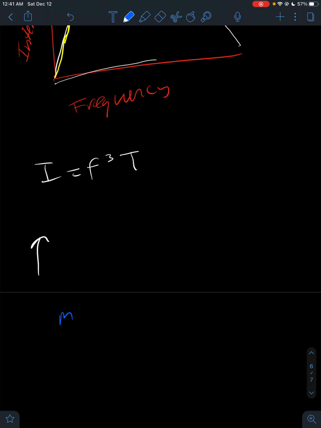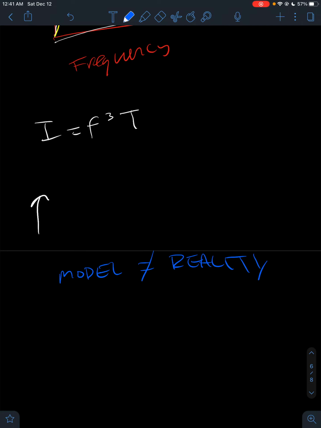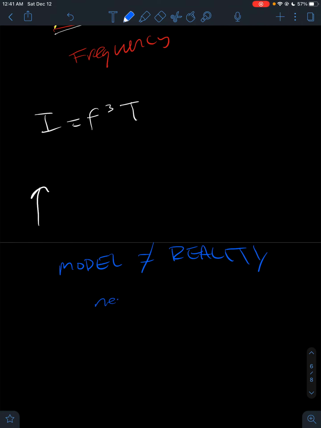And that's a bad thing. And when your models do not match reality, or when they're not compatible with reality, then we need a new model to replace the old model.